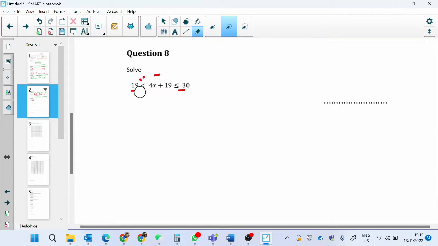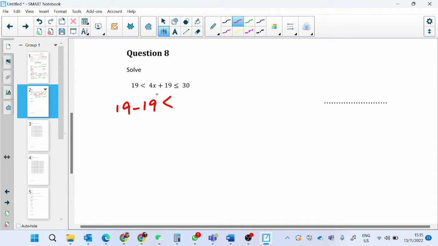So anything else over here, we have to just eliminate. So 19 minus 19 smaller than 4x plus 19 minus 19 smaller than 30 minus 19, because all these three are the different portions, right? So whatever operation you do, you have to do with all three components, sides of this inequality.